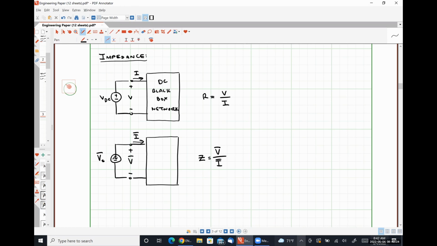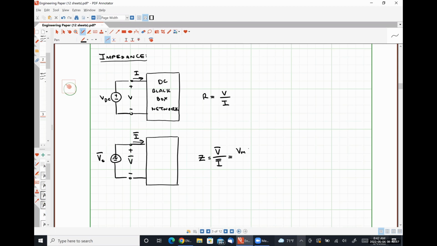Okay. Now, impedance is a ratio of complex numbers because our phasor voltage V is a complex number and our phasor current I is a complex number, which means impedance must be a complex number as well. So we can express it as either a polar form complex number or a rectangular form complex number, right? So let's just manipulate this a little bit here and get our polar form relationship.